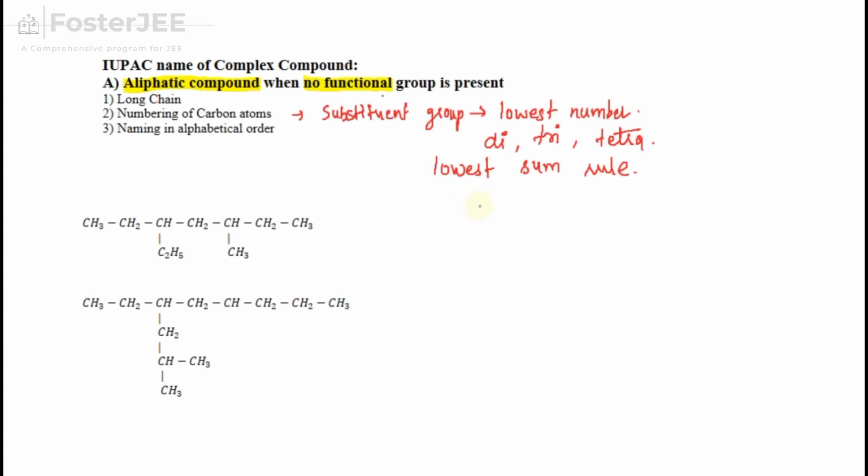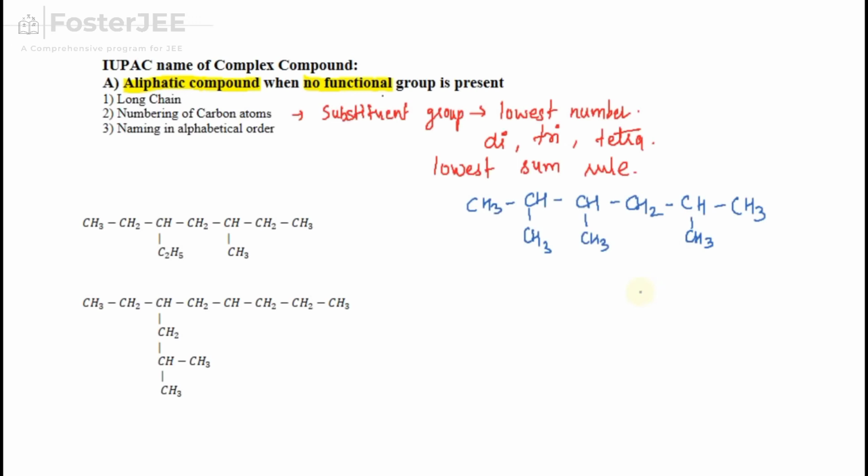So if the compound is CH3, CH, CH, CH2, CH2, sorry, CH, CH3. Now here the second carbon is attached with CH, CH3. This one is also CH3 and the fifth one is also attached with CH3.